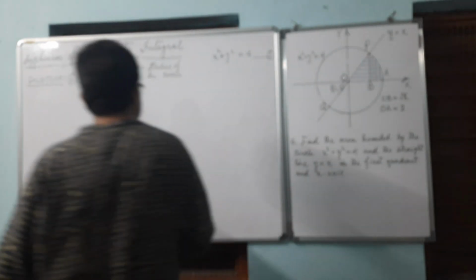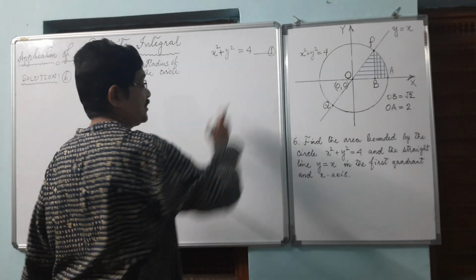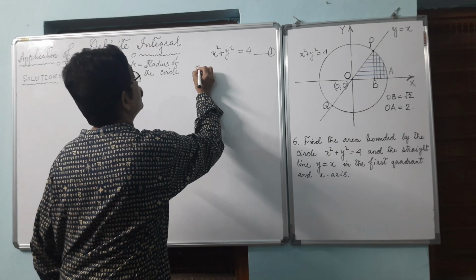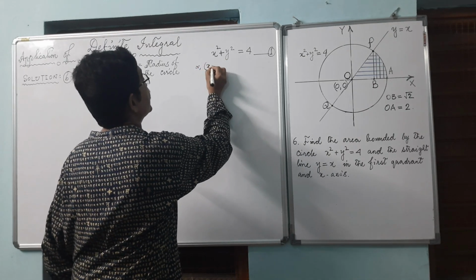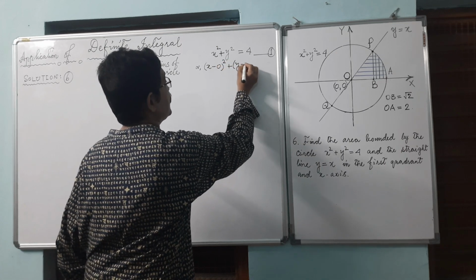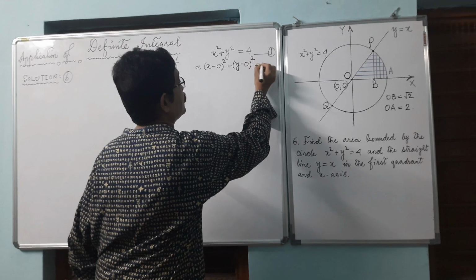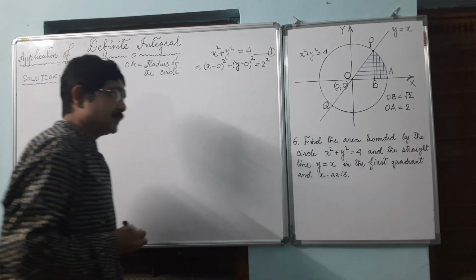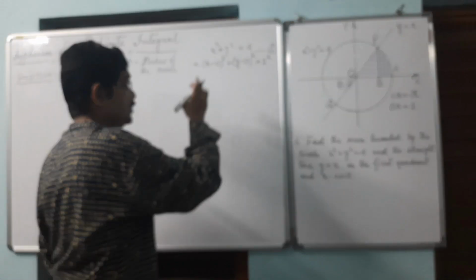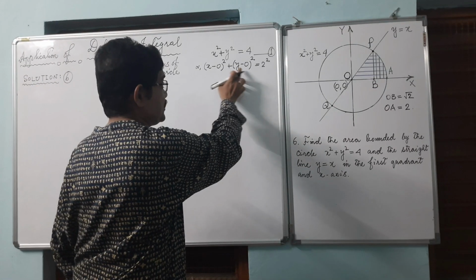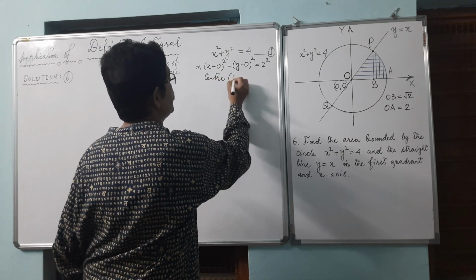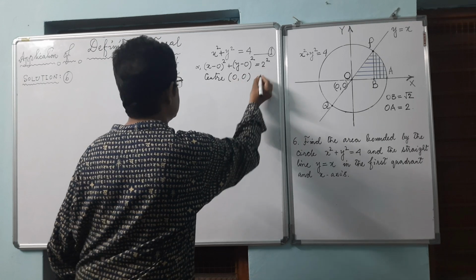So if we consider the equation of the circle first, which is denoted by 1, obviously it can be expressed as x minus 0 whole square plus y minus 0 whole square equals to 2 square. So this denotes an equation of the circle having center at origin, and radius is 2.